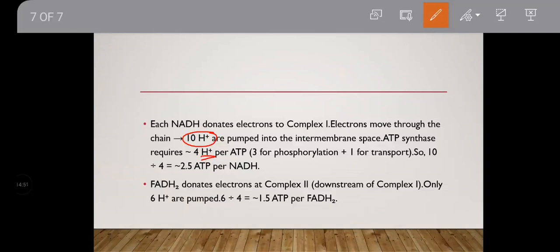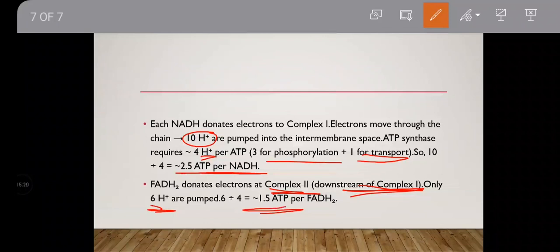So 3 are used in phosphorylation and 1 is used for transport. So out of this 10, about 2.5 ATPs are produced. Then for FADH2, which donates electrons at complex 2, because it is downstream to complex 1, it only pumps about 6 protons. And with 6 protons, it's about 1.5 ATPs per FADH2.